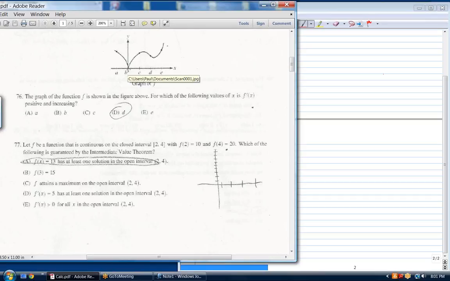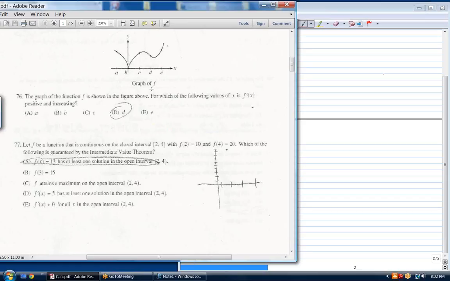Point B is a cusp, so we don't even know what the slope is there. Point C has a positive slope, but the slope is decreasing. Point D has a negative slope, so that doesn't count. Point E has a positive slope that is getting more positive as we move to the right. So it would be E. It's positive and it's increasing.